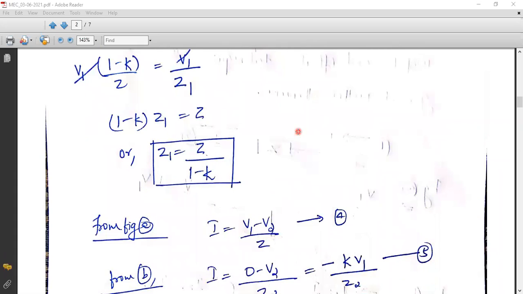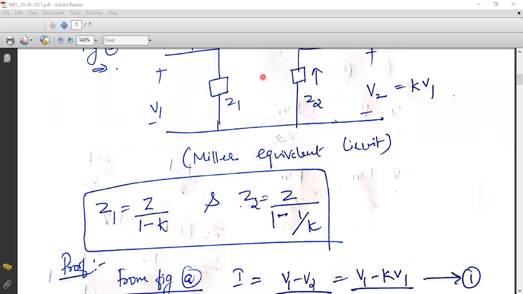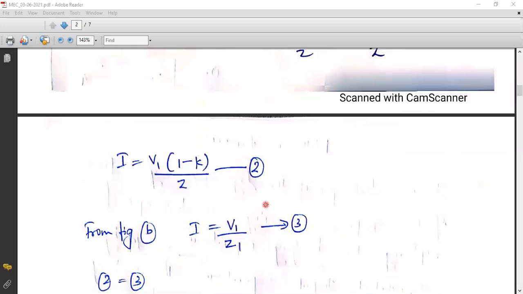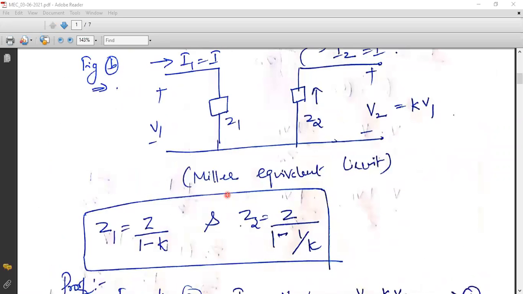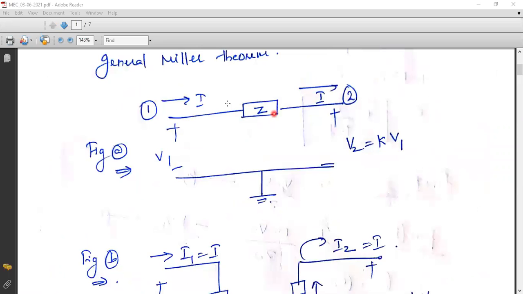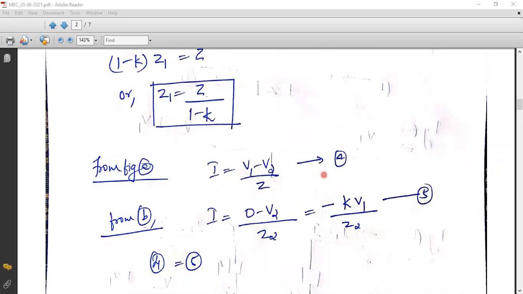Now coming to next case, that is in order to derive the equation for Z2. So to derive the equation for Z2, again we will go for figure A and write the equation for I. Same equation, I is equal to V1 minus V2 by Z. Once you finish with Z1, now we are going to derive for Z2.